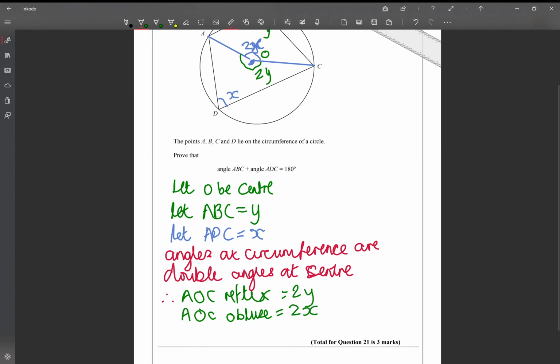Sorry, I've just kept it green, but you know what I mean. And if you think about this, these are angles around a centre.